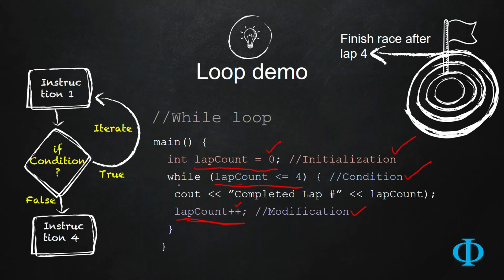And between this condition and this modification, the entire loop body will be there. That is what instruction you want to perform again and again and again. Here I want to write down the current value of the lap, and that's what I have done here. So a simple demo can clarify this entire concept. So let's go to the demo in the next video.